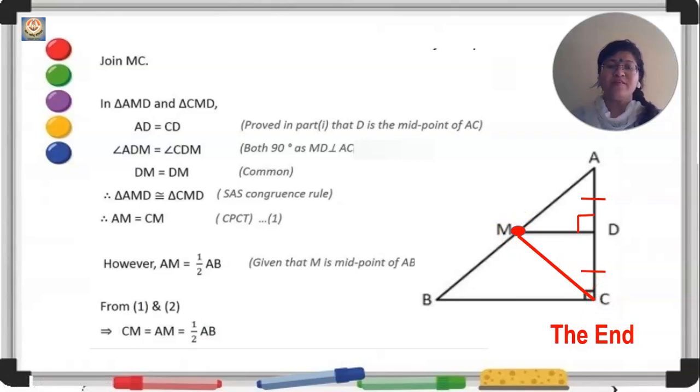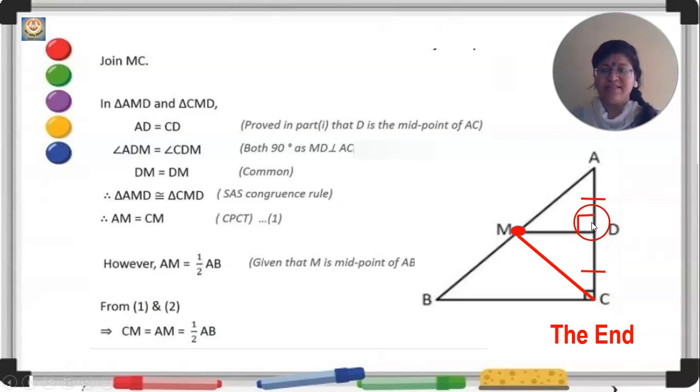Now we will take 2 triangles in this. That is triangle AMD and triangle CMD. Now on the basis of the indication, let us prove the 2 triangles congruent. So AD is congruent to this segment CD because we've already proved that D is a midpoint.